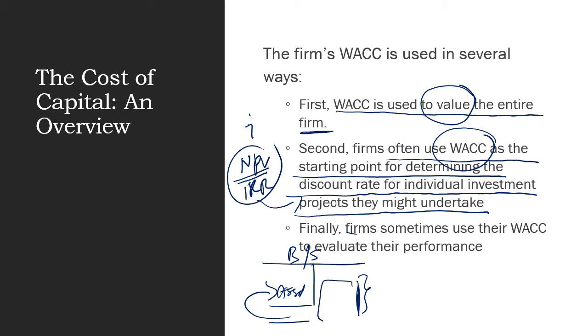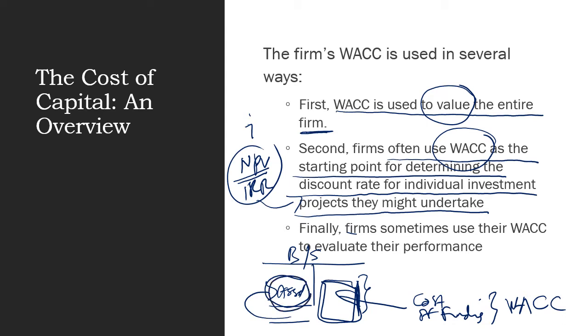if the company wants to invest in an asset, they will use funding from here. So it is important for the company to determine what the cost of funding is. That's why the cost of funding can also be determined by WACC. The idea is that we want to have a higher return for whatever investment you make on the asset as compared to your cost of capital.